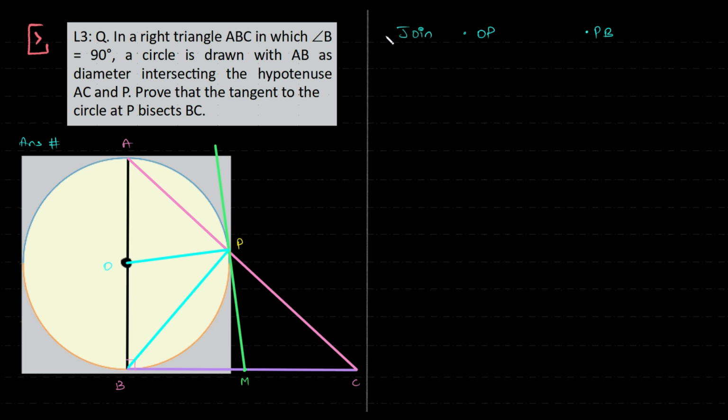Anything else? Let M be the point of intersection of PC and the tangent.